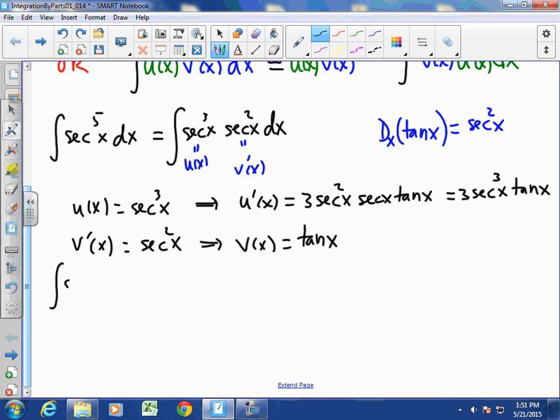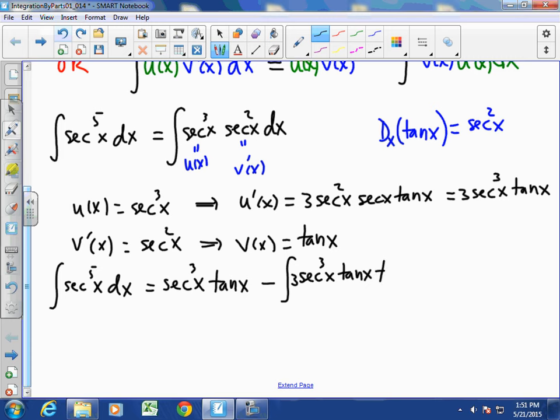Therefore, the integral of secant to the fifth x dx is u of x times v of x, that means secant cube x tangent x, minus the integral of u prime, which is 3 secant cube x tangent x, times v of x, tangent x dx.